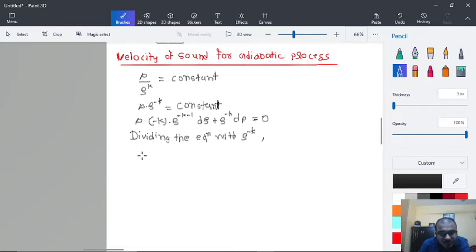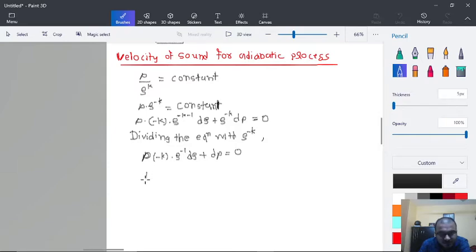So we will have p minus k rho raised to minus 1 d rho plus dp is equal to 0.